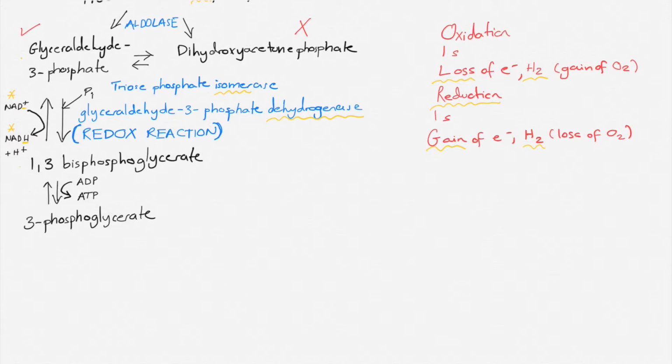We're transferring this phosphate group from our 1,3-bisphosphoglycerate to our ADP molecule, so that can then form ATP. So that process is known as substrate level phosphorylation. Okay? So a direct transfer of a phosphate group is known as substrate level phosphorylation.